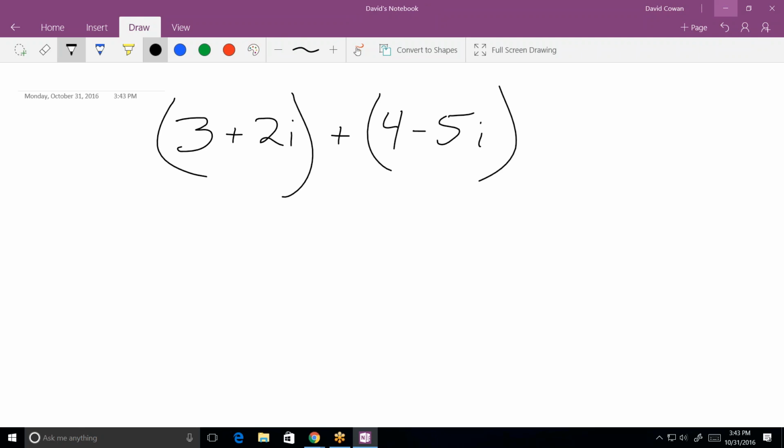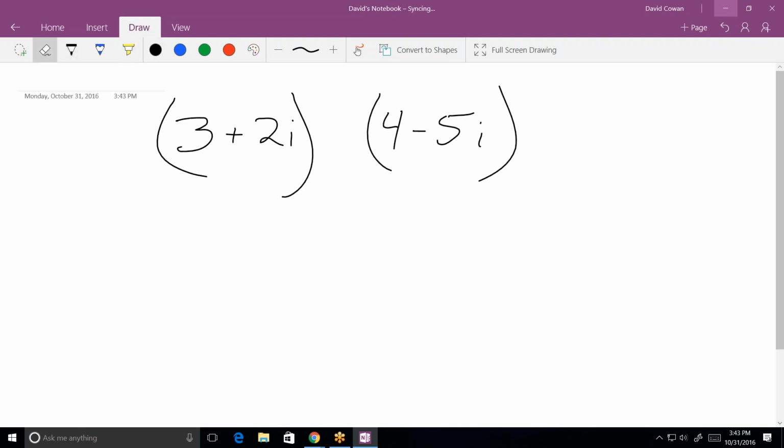You just add the real parts, and you add the imaginary parts. What do you get? 7 minus 3i. That's all there is to addition. How about subtraction? What do you get? -1 plus 7i. Good.